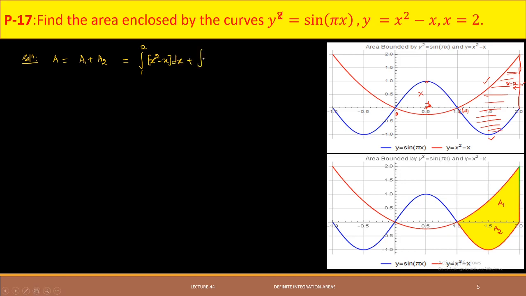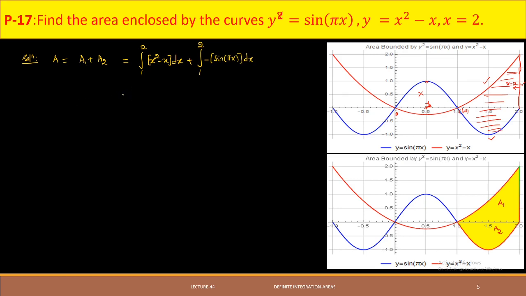But the second area a2, how do we get it? The limits are one and the same, but this curve is below the x-axis in this region. So in these cases, how do we find out the area? This is minus sine pi x into dx.